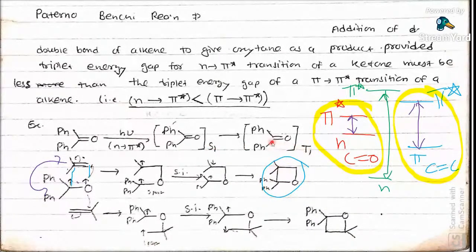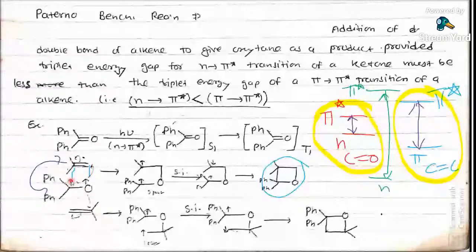In the triplet state, the other reactant may react from this side or from this side. Because of steric hindrance, this attack is not as probable as this one, as per the structure they have shown.